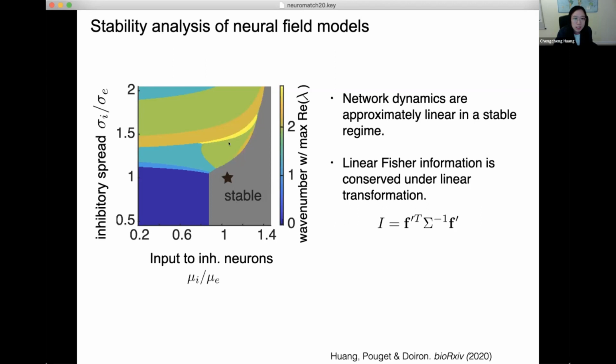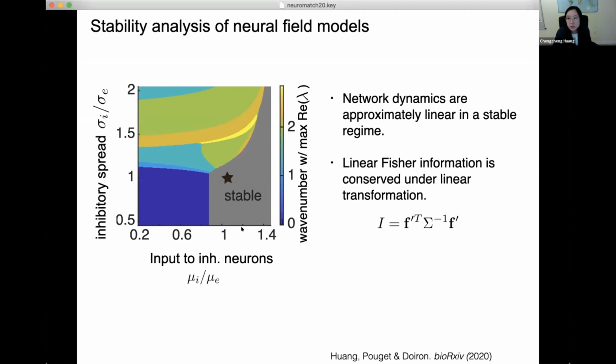So in this stable dynamic regime, the network responses are approximately linear in response to the input noise. And we know that linear information is conserved under a linear transformation. So therefore, in this stable regime, the total amount of information is independent of the circuit's varying parameters, and it's very close to the total input information.